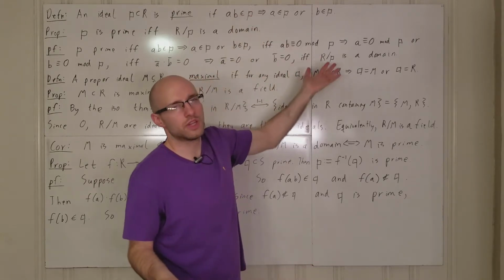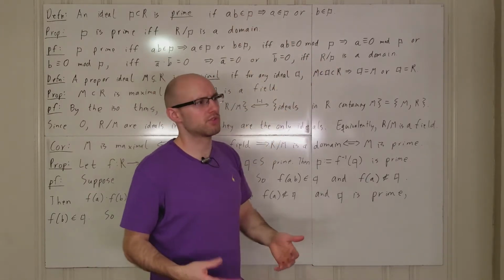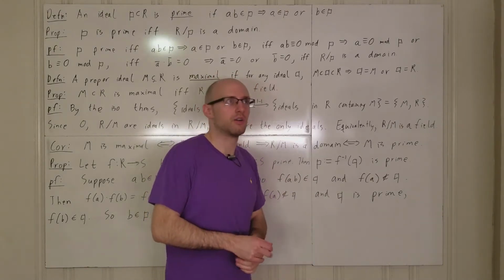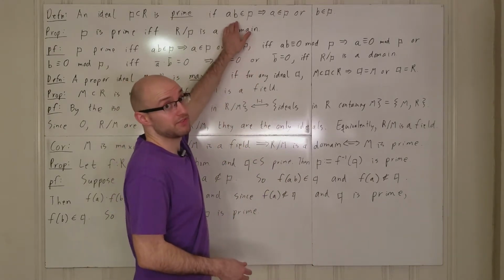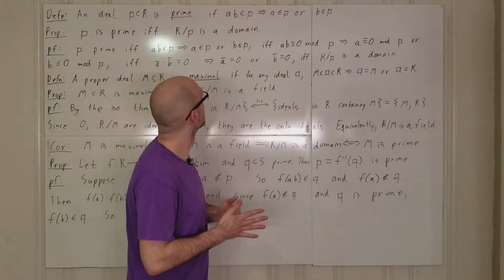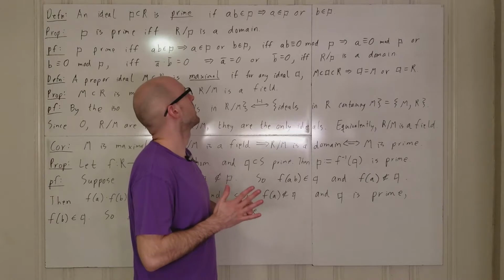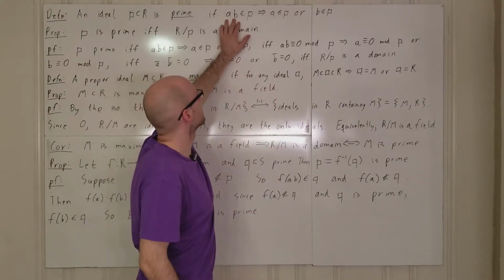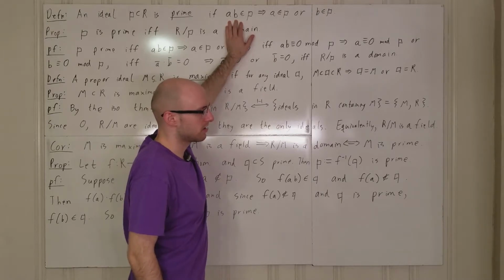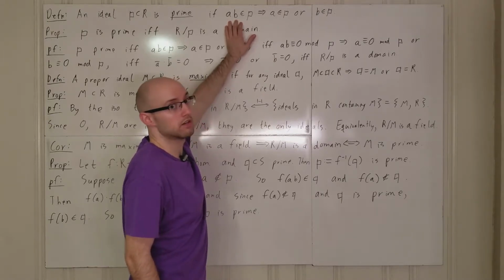Well, there's only one thing in the zero ideal, so it's sort of prime for stupid reasons, because it's really easy to satisfy this if you've only got one element. Well, actually, no, that's not entirely true. It's because the integers are a domain.